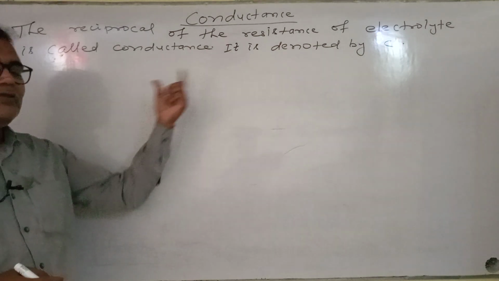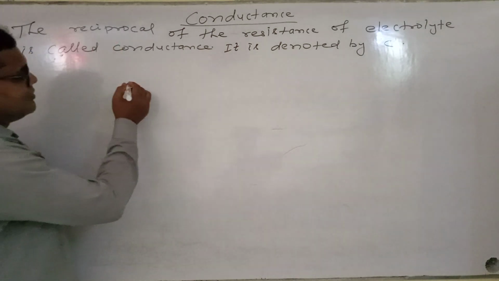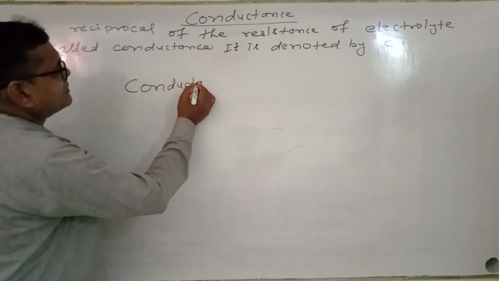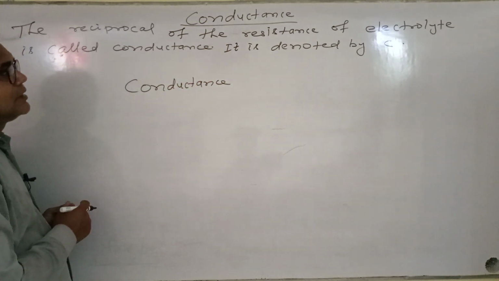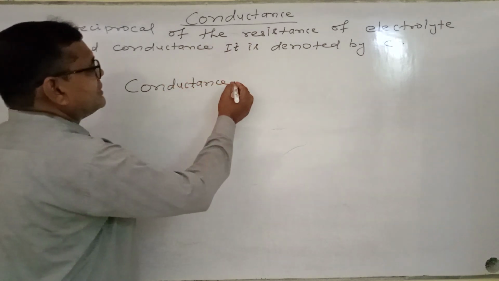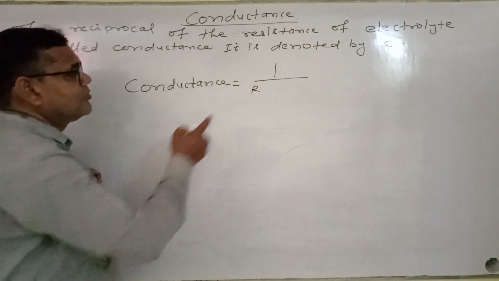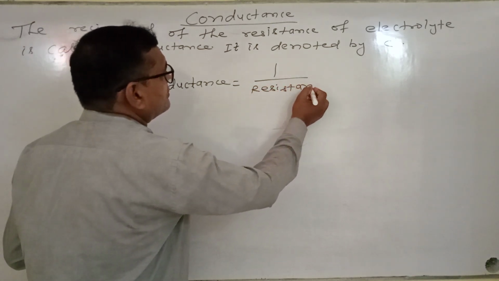Here we write the mathematical form of conductance. It is the reciprocal of resistance: 1 upon resistance.